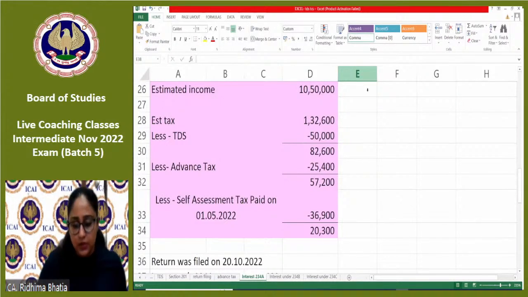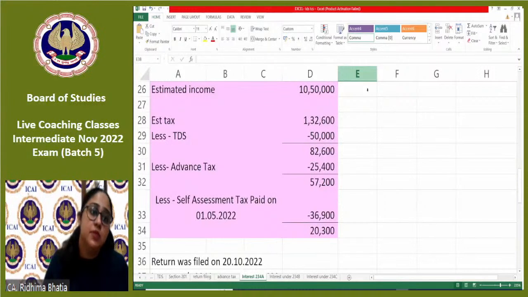Shall we proceed? An MCQ can come from this to calculate the interest under section 234A, and this type of question would be given. This is a repercussion if you do not file the return of income on time.